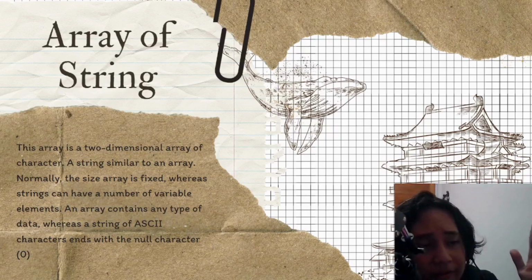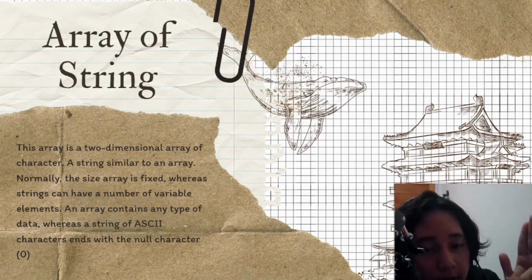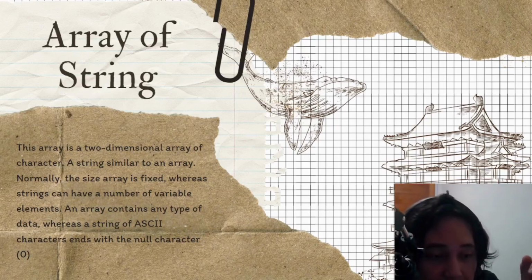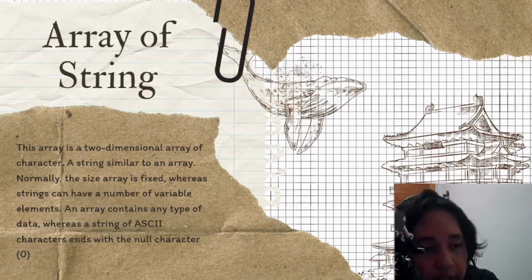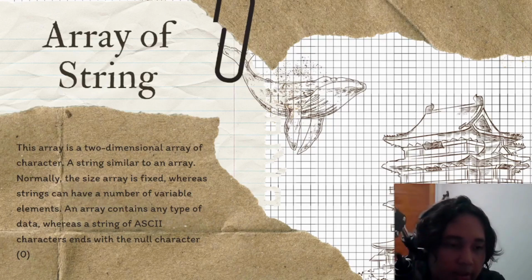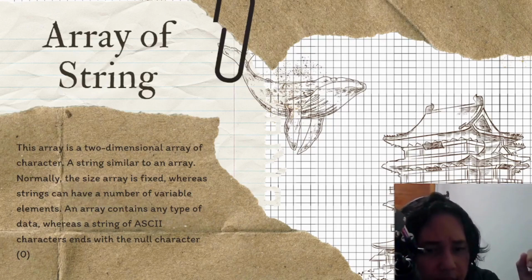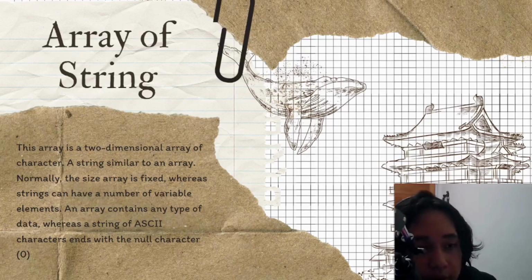But if you have a wardrobe where you put shoes, clothes, and more, that's an array of string. Simply, you put everything inside of a string and you put the string inside of an array. Yeah, it's a little bit confusing, but you will get it if you see and learn more about arrays.